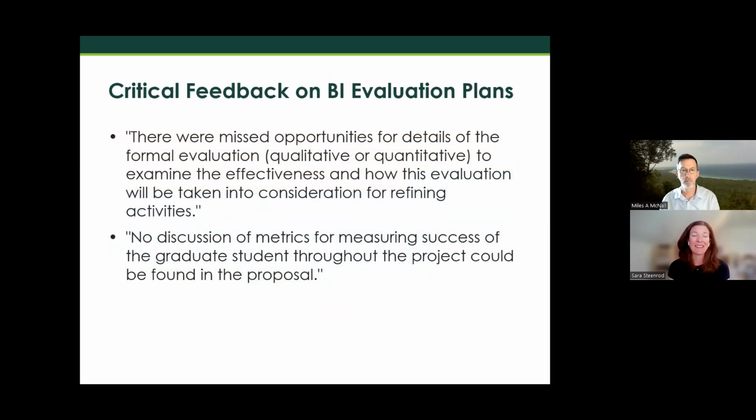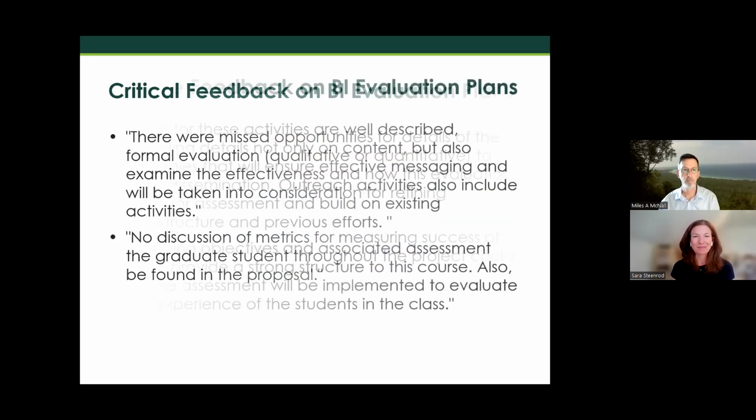And the second states no discussion of metrics for measuring success of the graduate student throughout the project could be found in the proposal. And I think you'll find, especially after this workshop, that these are critiques that are really straightforward to address, and you don't want to get this kind of feedback on your proposal. On the flip side, we'll move to the next slide.